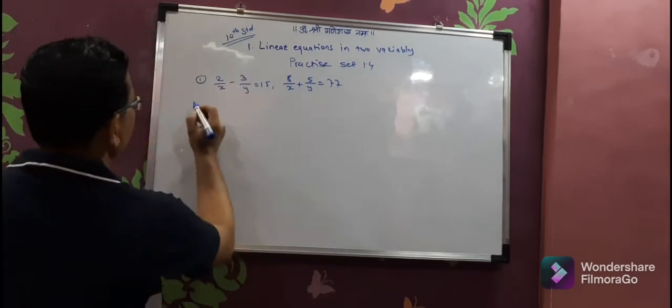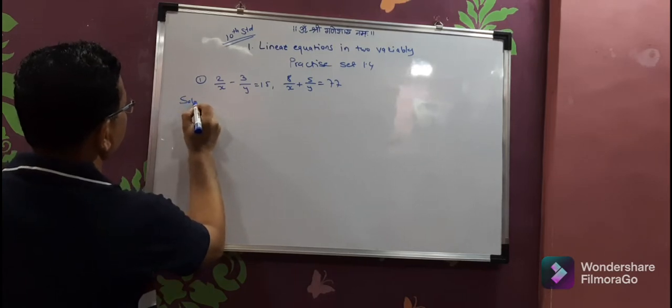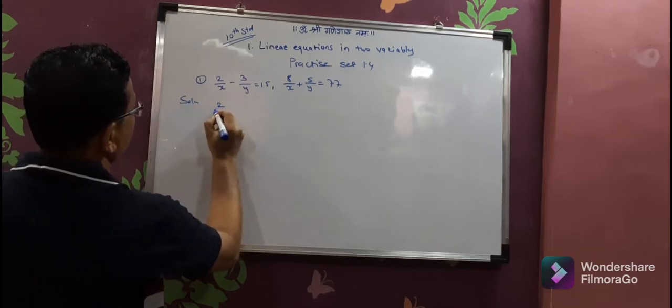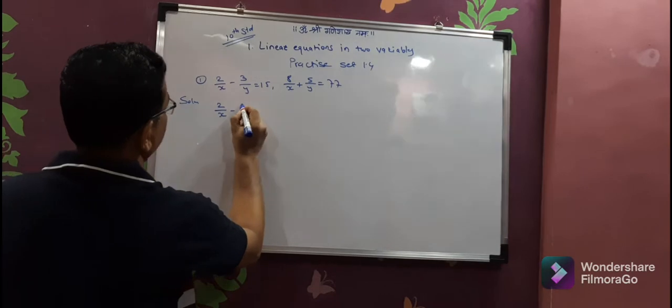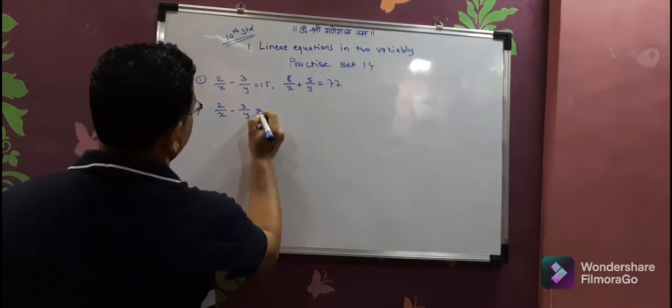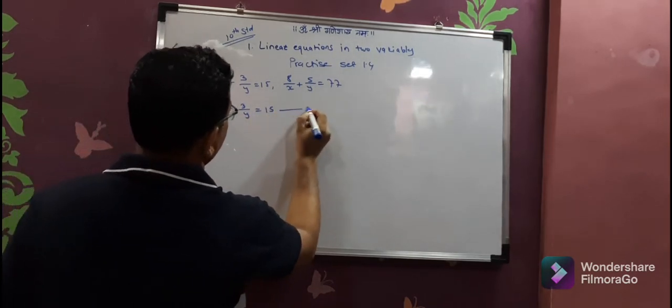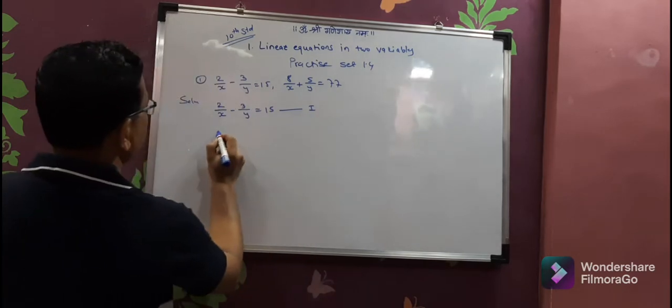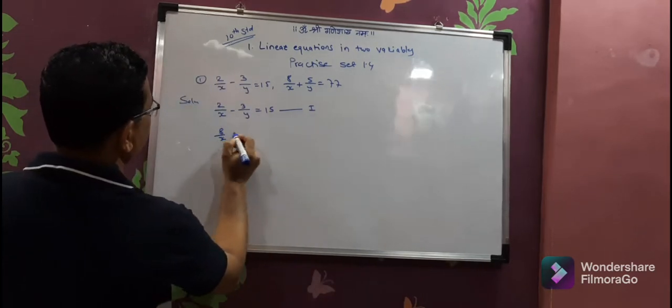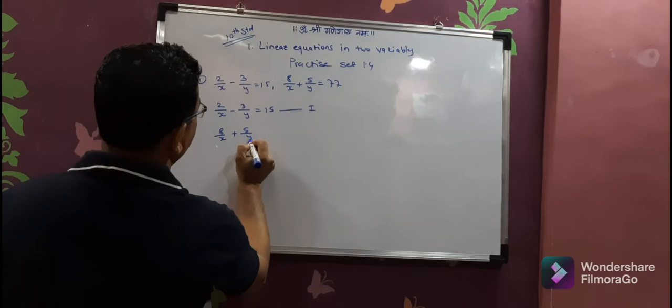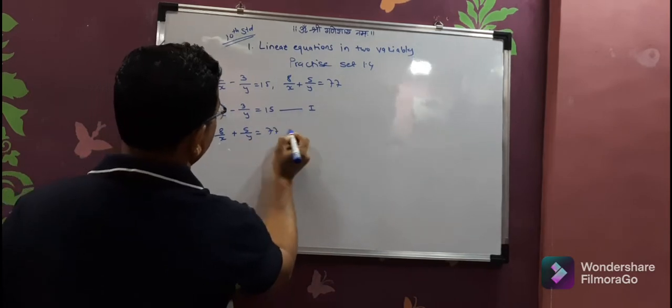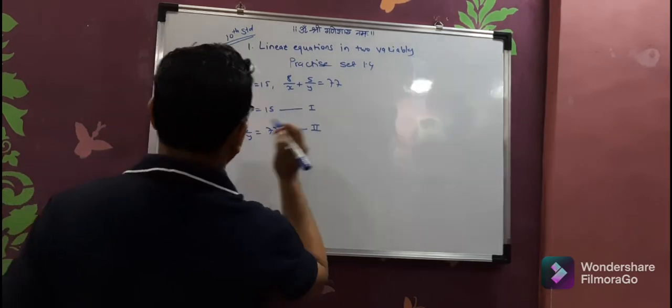So how to make it? The solution will be: this is 2 upon x minus 3 upon y is equal to 15, the first equation. Second equation, 8 upon x plus 5 upon y is equal to 77, the second equation.